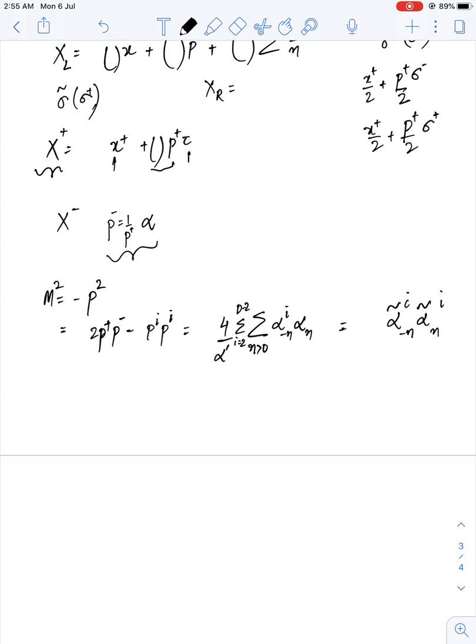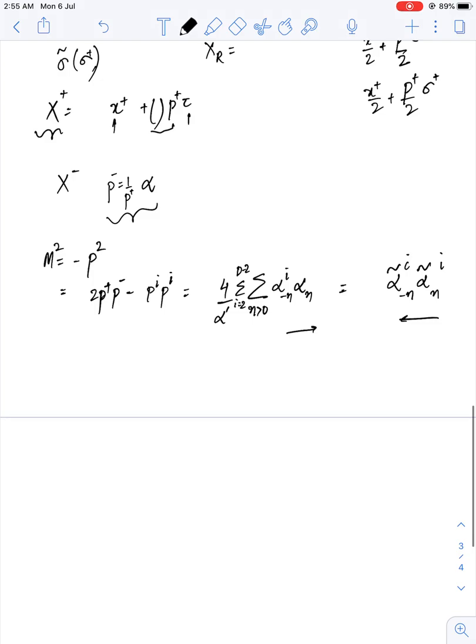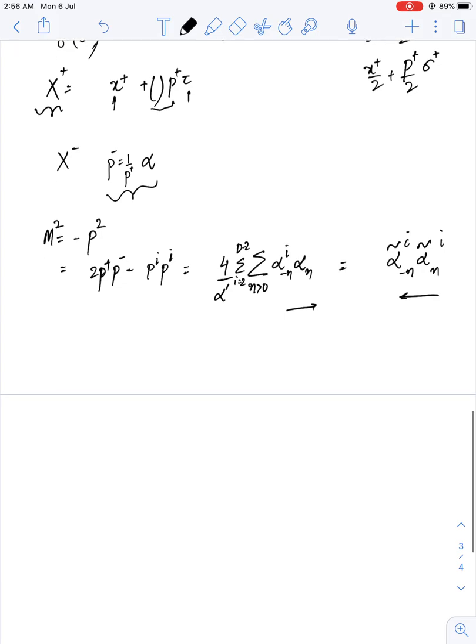Similarly it goes for the sets of operators. These ones are for right moving, these ones are for left moving. Now, what is the special thing about lightcone gauge? What it does is that these are the only oscillators which are independent.